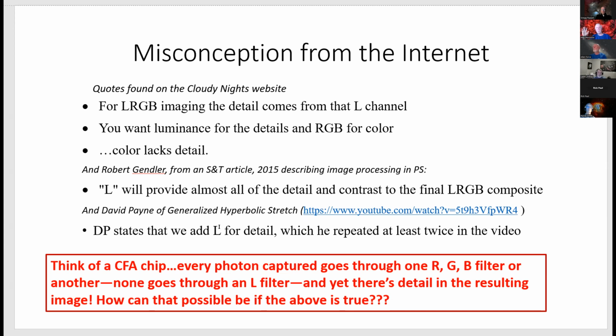All of that is false. If you think of a CFA chip, every photon is captured through an R, G, or B filter. None goes through an L filter, and yet there's detail in the resulting image. How can that be if any of these are true? It's because they're not true, of course.